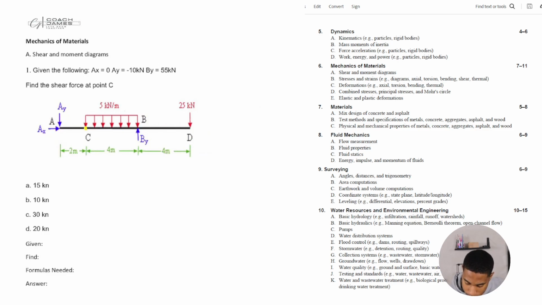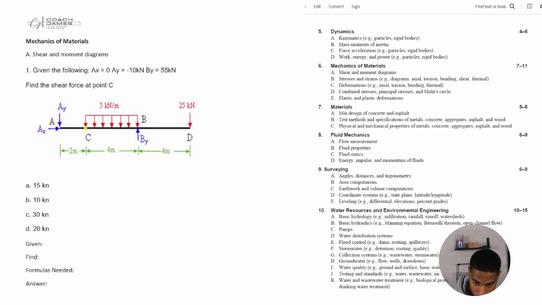What information are we given? Well, if I just look at this diagram, it looks like we're given some external forces or reactions along this beam.